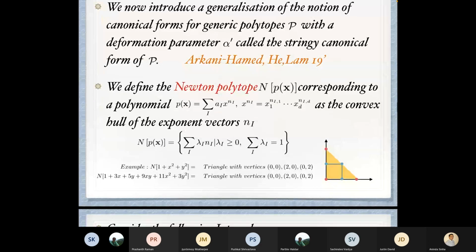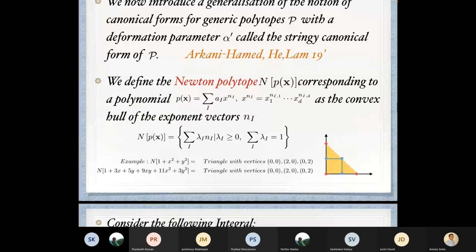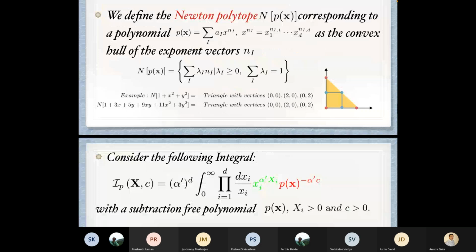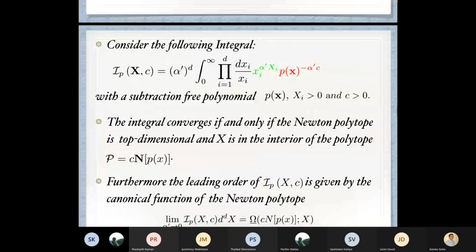Okay. So now we consider the following integral. We have dx_i over x_i, which is the canonical form of what is called a projective simplex. It is defined by saying all the x_i's are positive, the positive octant.